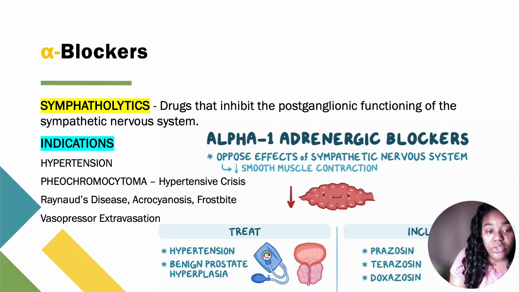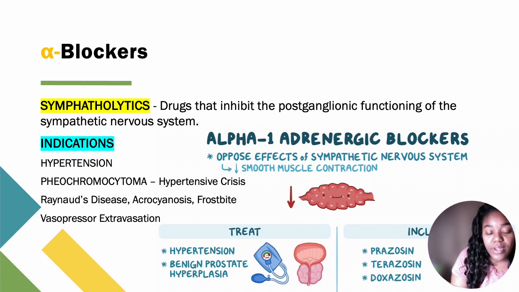So you want to use an adrenergic blocker, in this case, an adrenergic alpha blocker for hypertension, for hypertensive crisis, which is also known as pheochromocytoma. You want to use this in Raynaud's disease, acrocyanosis, frostbite, and in the case of vasopressor extravasation.